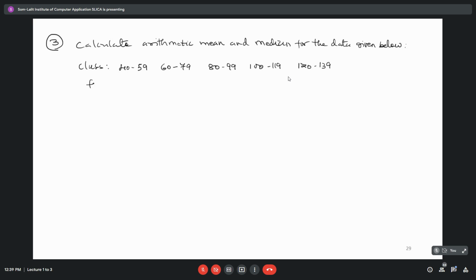And the frequency, F values, are given. F values are here: 50, then next one is 250, the next one is 500, next one is 150 again, and the last one is 50. This is given to us.